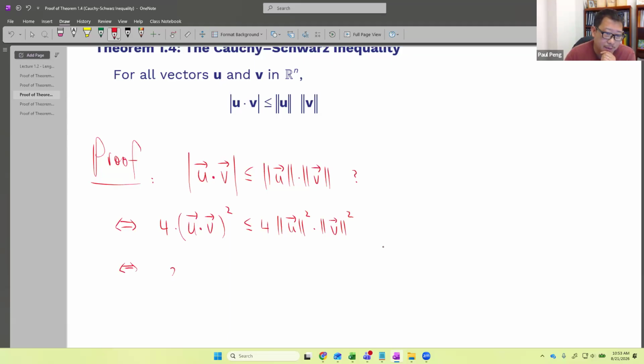Let's put b as 2 u dot v, and you see it's the same, minus 4 times a.